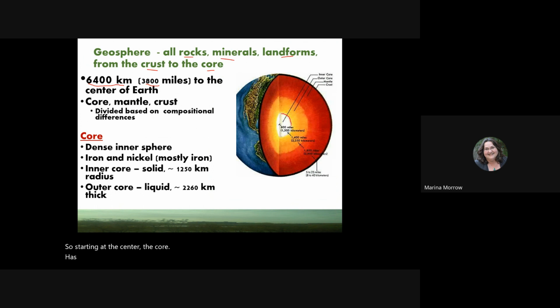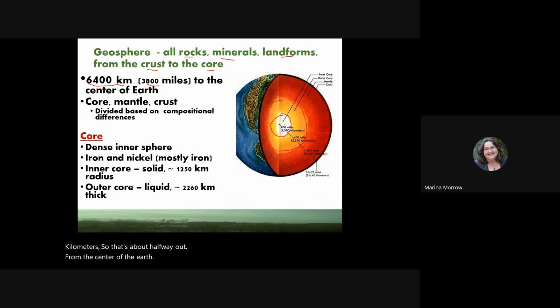It has the inner core and an outer core. And together, they go to about 3,400 kilometers. So that's about halfway out from the center of the Earth.